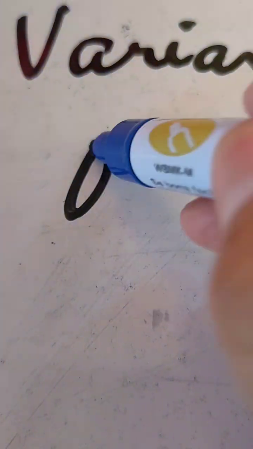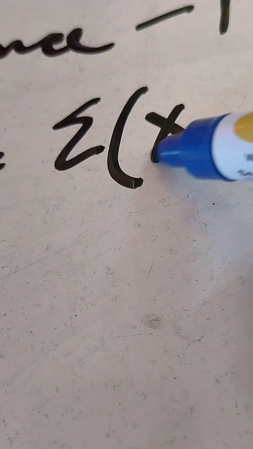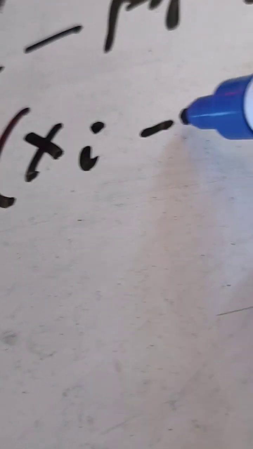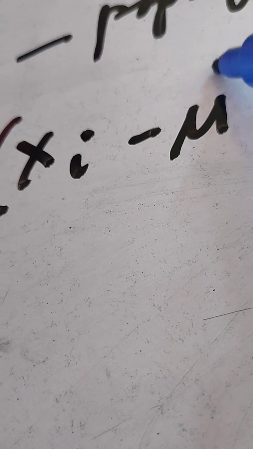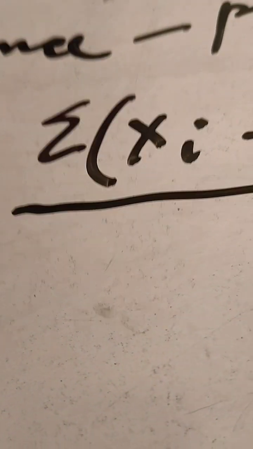In symbol, that is sigma squared, equal to the summation of the quantity x sub i minus mu, the population mean, squared, all over n. So that's a formula.